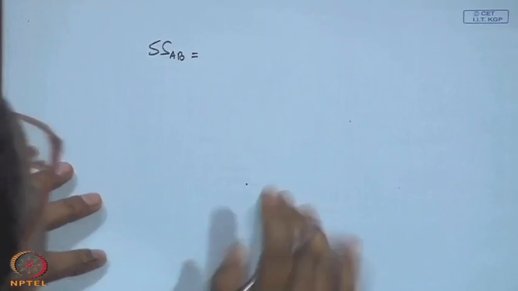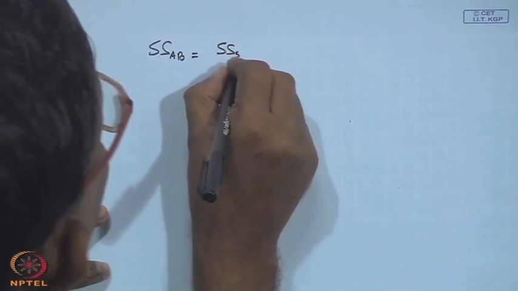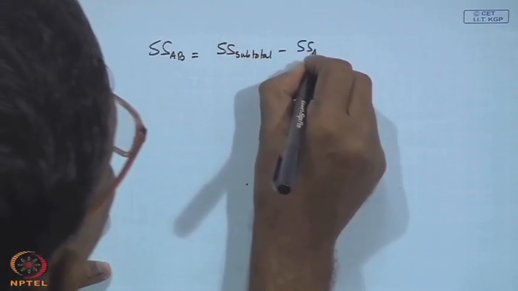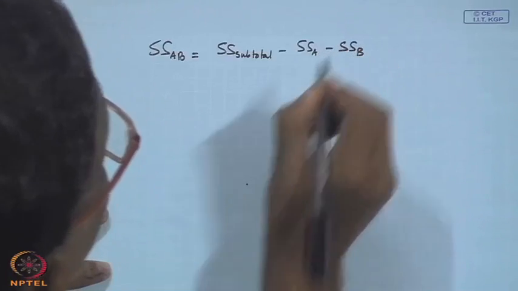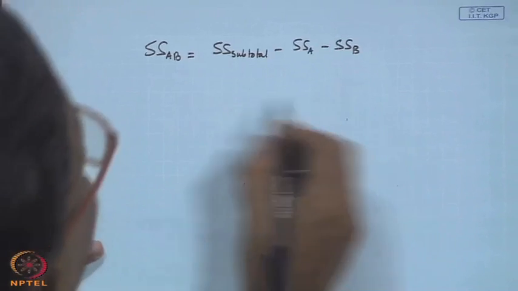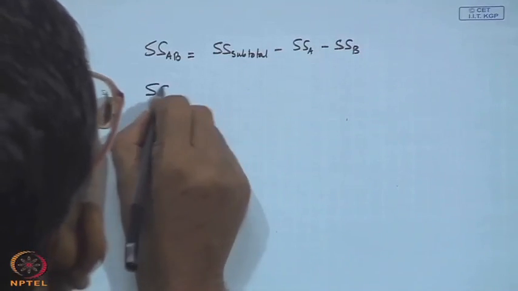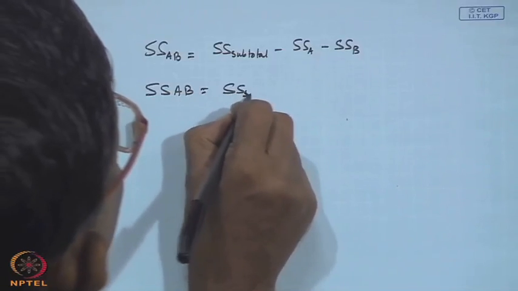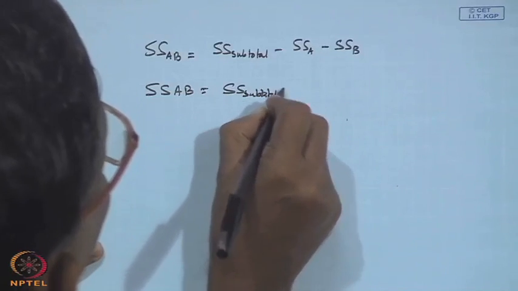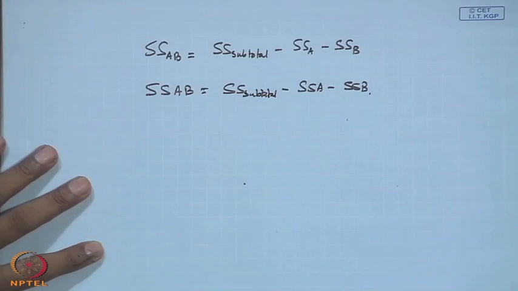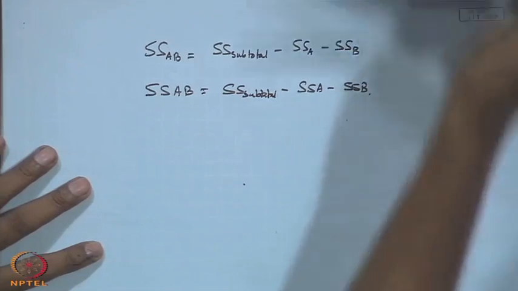SSAB will be SS subtotal minus SSA minus SSB. In this way you can write it, or the way we have written first, SSAB equal to SS subtotal minus SSA minus SSB.